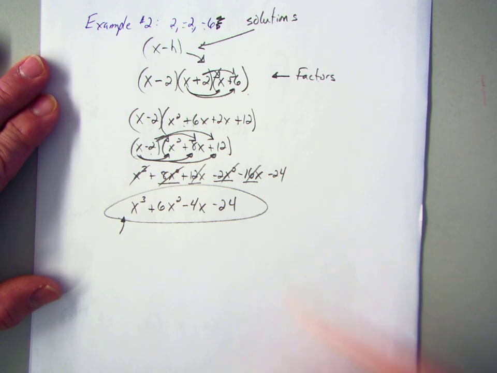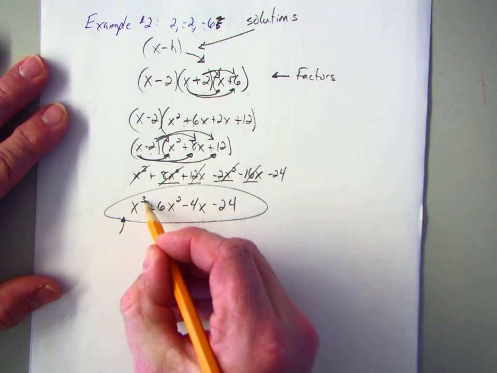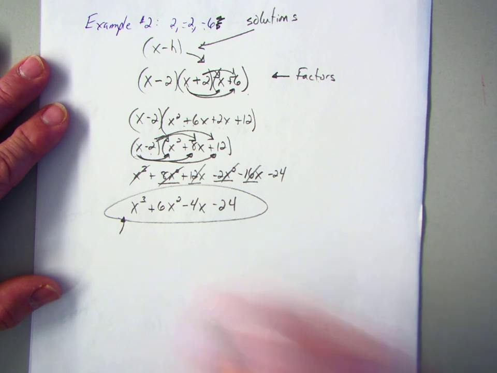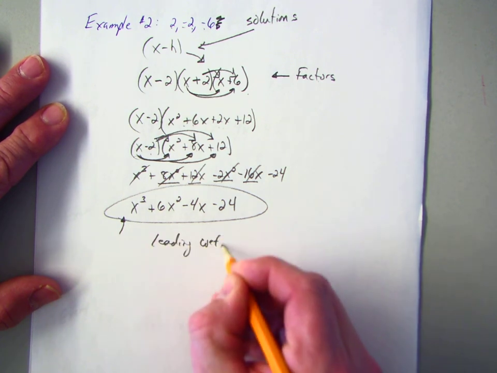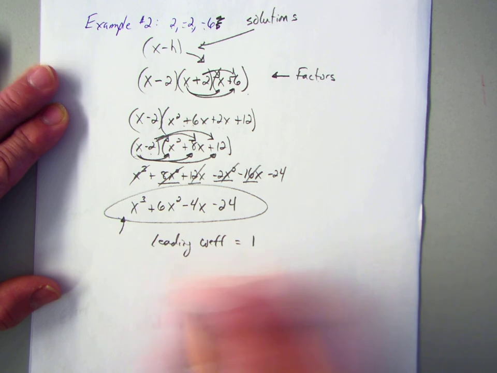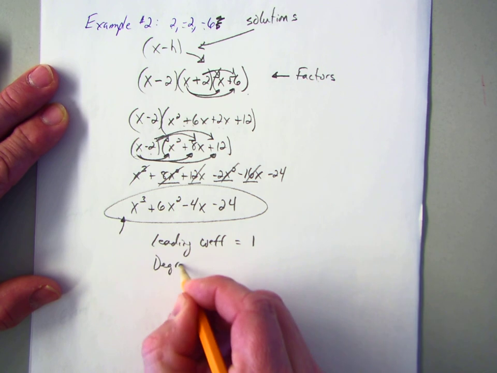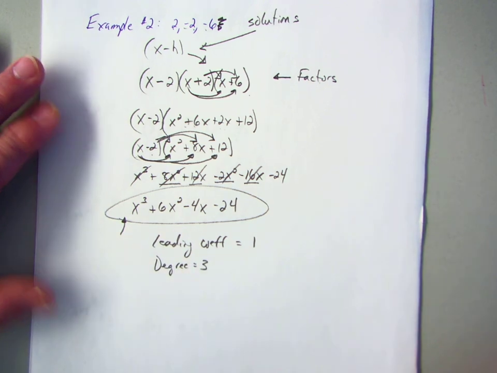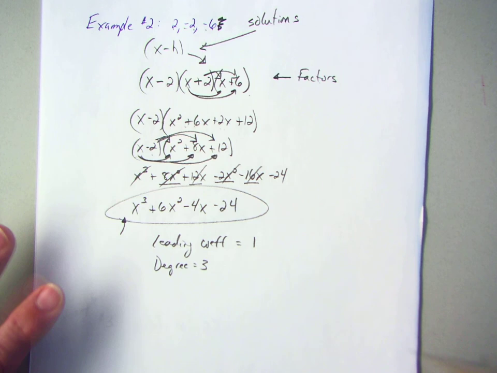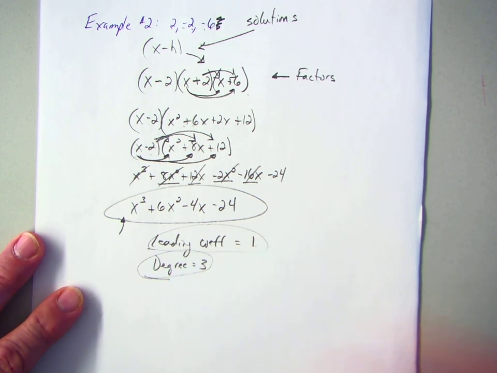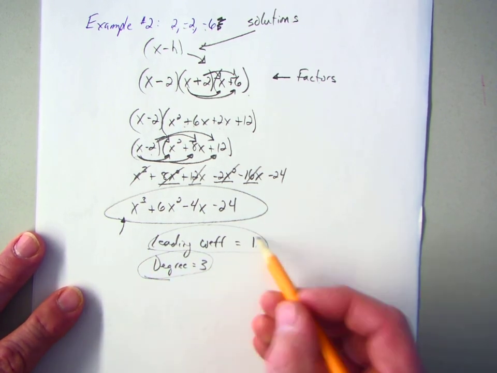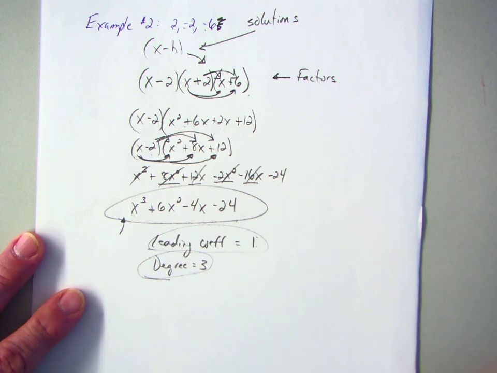The leading coefficient is 1, and my degree is 3, which is what I want. All your answers will always be a degree of 3, and your leading coefficient will always be 1. If these happen, there's a very good chance that you did this correctly.